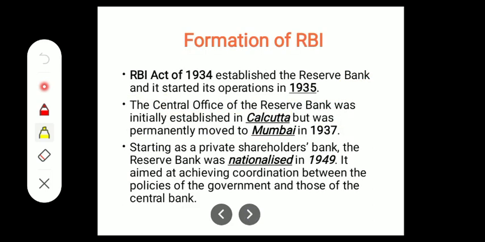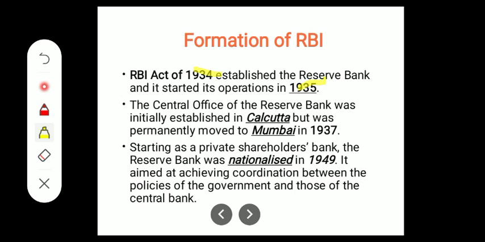Okay. The next thing is formation of RBI. RBI Act, let's see in short. The RBI Act 1934 established the Reserve Bank and it started its operation in 1935. First the Act comes, then the formation of the institution happens.